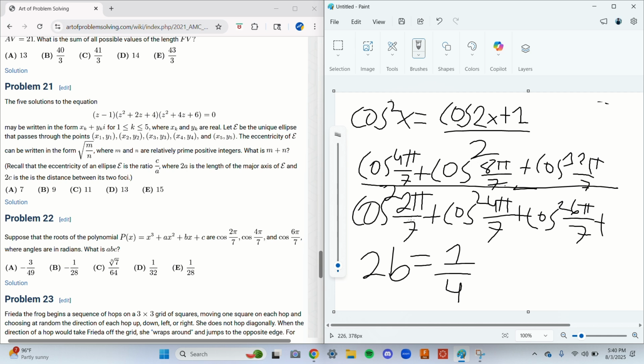But remember what we found earlier: we can take any pairs of these from the 6 roots of unity, excluding 1, and they're going to add up to negative 1/2. So the sum of all of this is actually just negative 1/2.